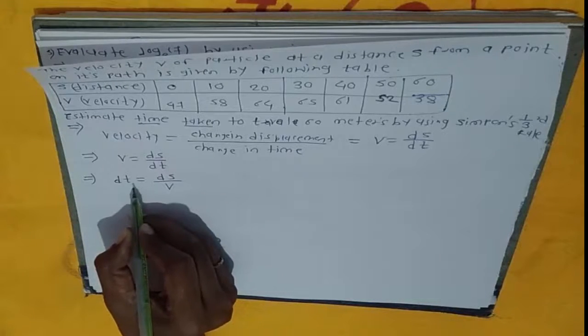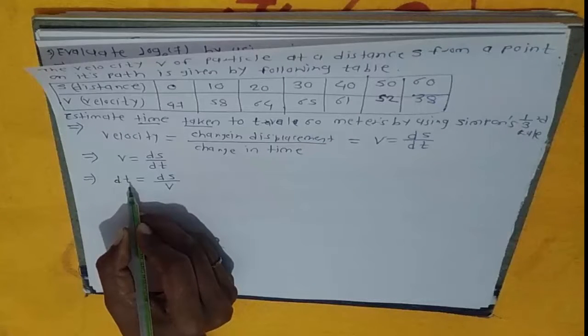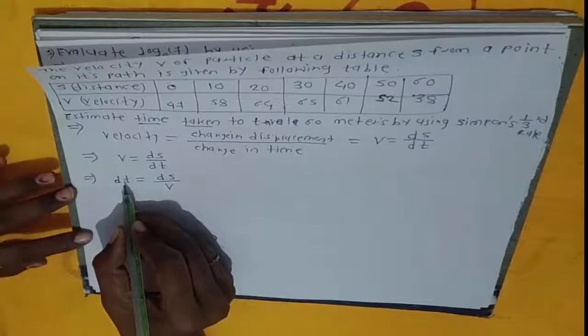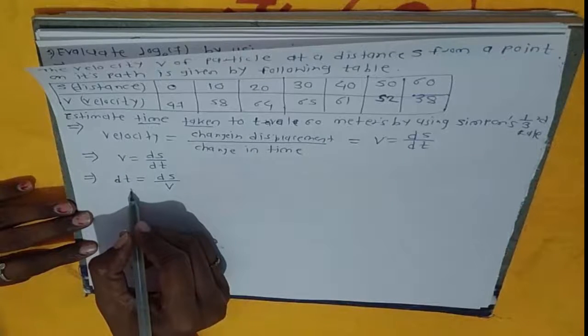Here dt is the derivative of time. If we take the integration of this on both sides, we simply get t, the time taken to travel 60 meters.